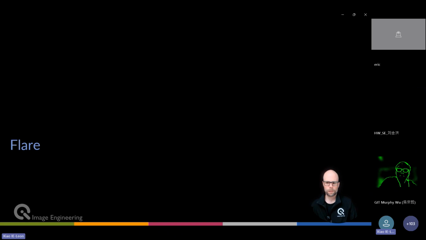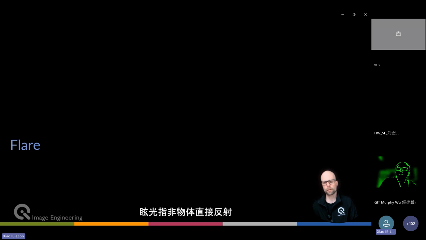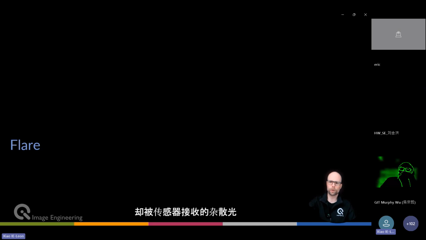The next image quality factor that is defined in the document is flare. So flare is in principle light that hits the sensor but does not originate from the corresponding position in object space.